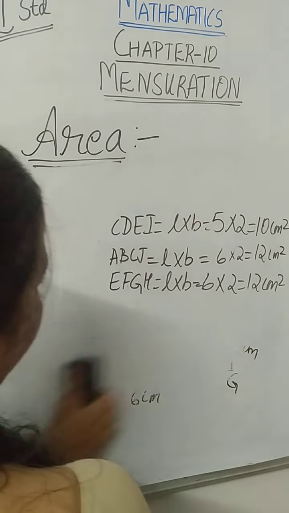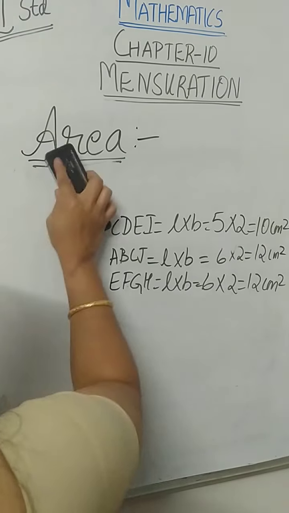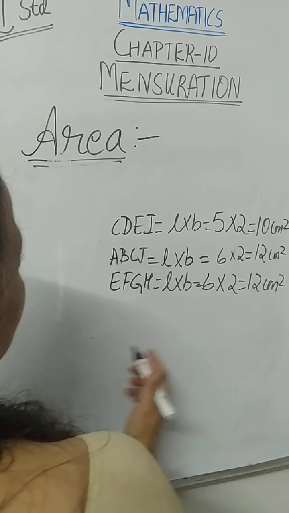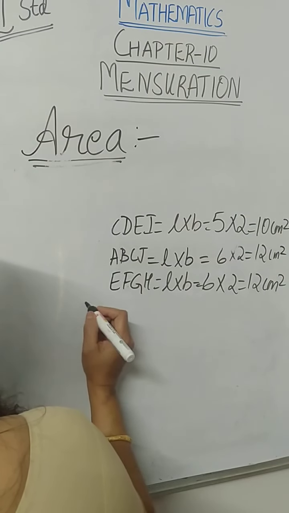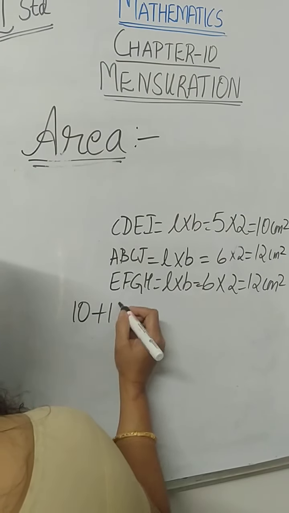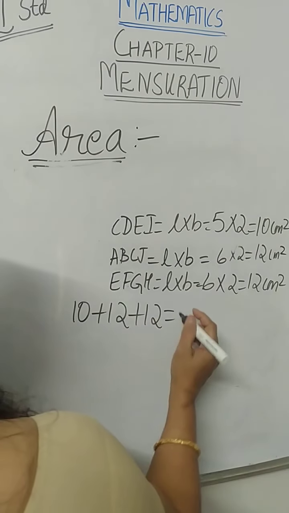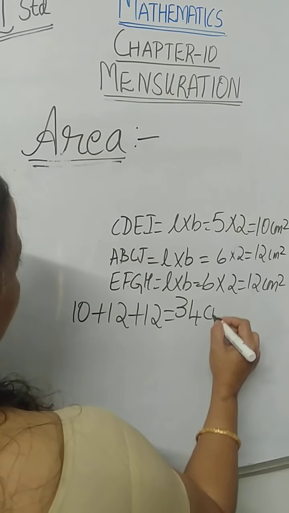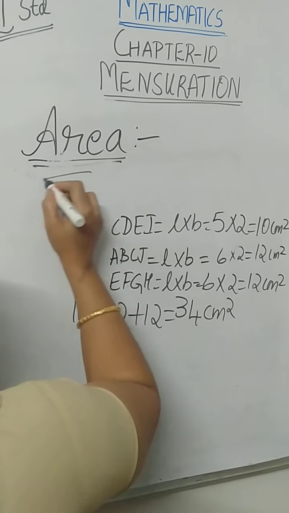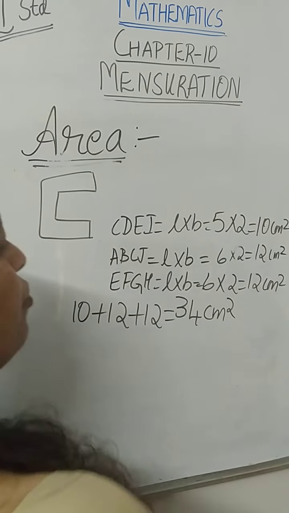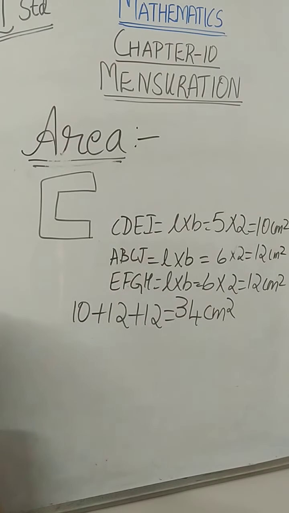So, what is the area of the full figure which I had shown you before? Just adding all the areas we got: 10 plus 12 plus 12, it is 24 plus 10, 34 centimeter square. The full area of this figure is 34 centimeter square.